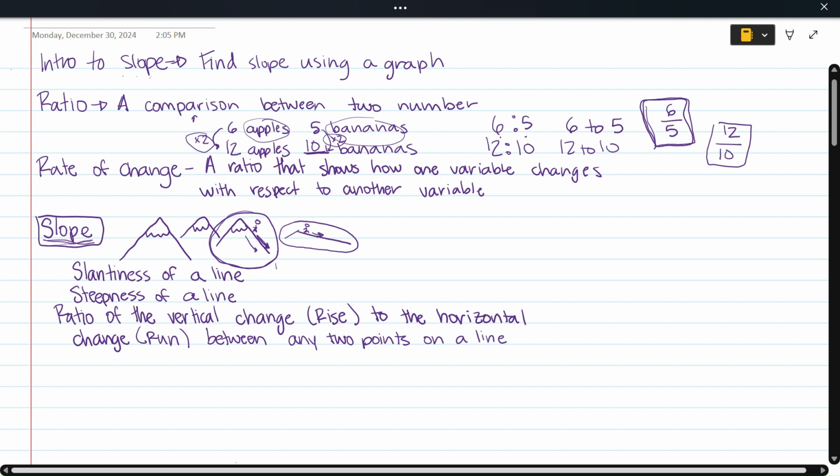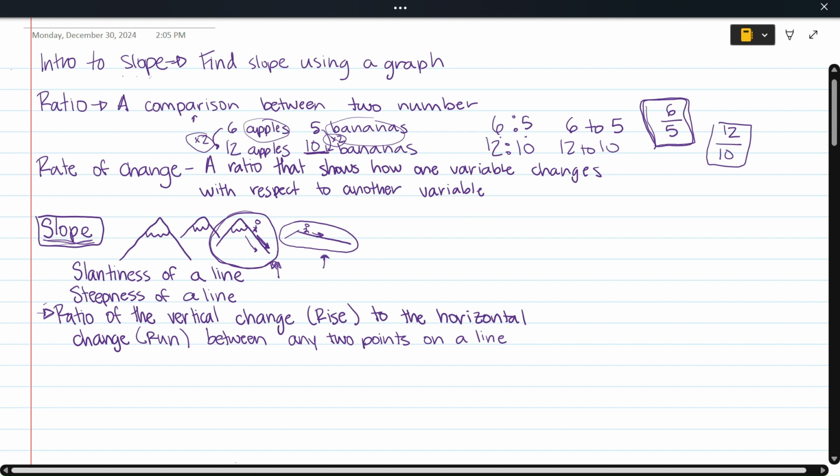So we can say, oh, up here it looks really steep and slanty, and over here it looks not very steep and slanty. But that doesn't really fit in a math class so much as it does a ratio of the vertical change, or the rise, to the horizontal change, or the run, between any 2 points on a line.